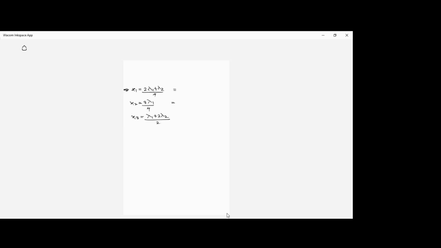So if you solve these, you will be getting the values as 3.6625, 3.33, and this value comes out to be 7.99, right?